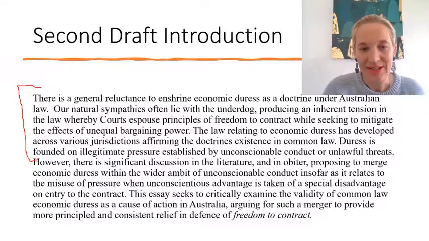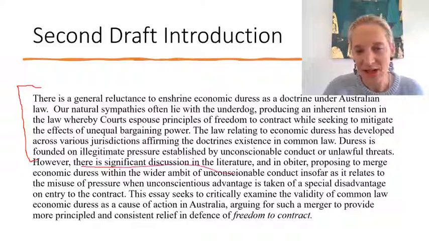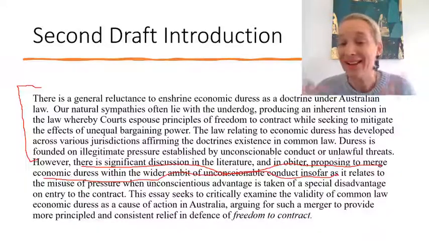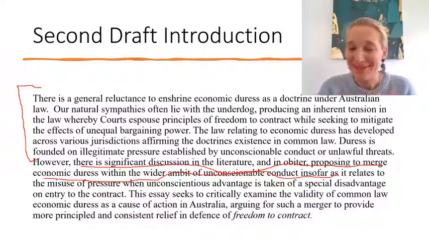Okay, there is significant discussion in the literature and in obiter proposing to merge this doctrine within the wider ambit of unconscionable conduct. Okay, all of a sudden, I'm starting to get excited. What the student is doing is setting the scene for the arguments that follow.